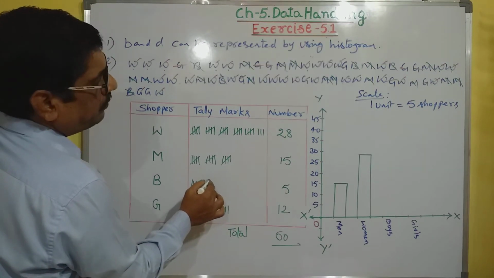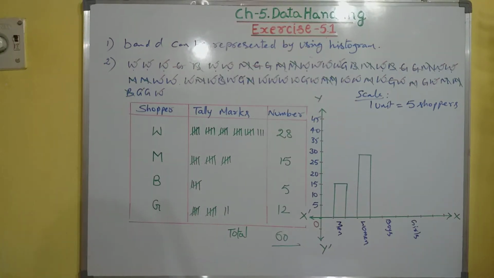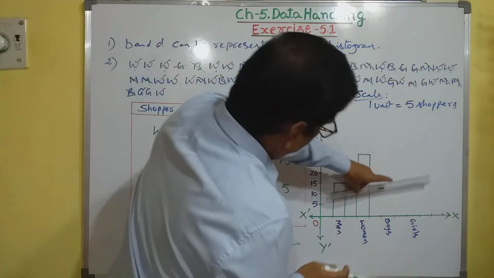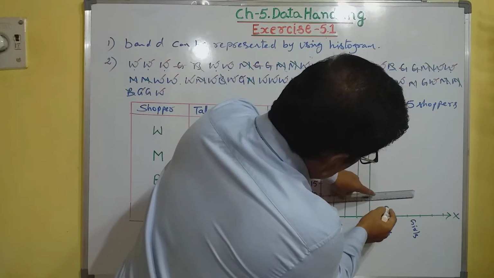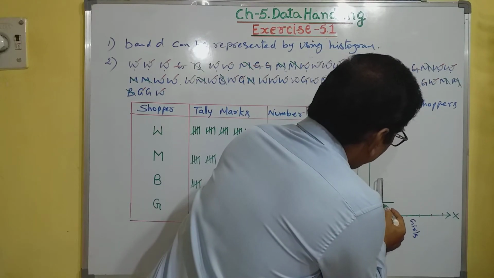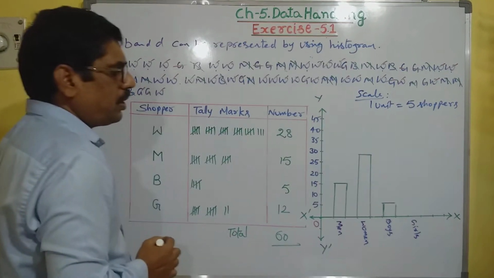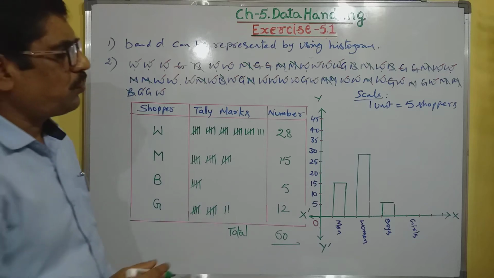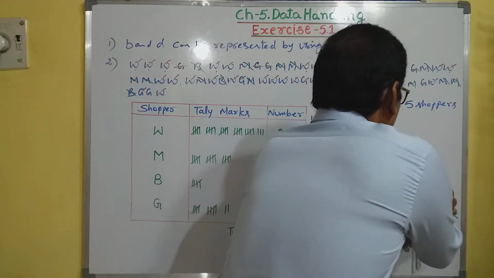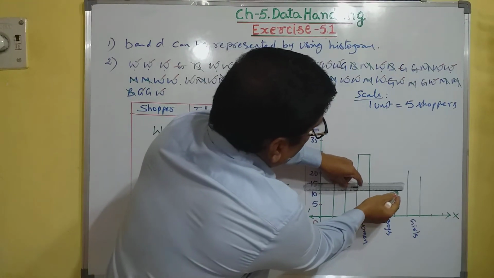Let me check once. Yes, it is correct only. Men is 15, boys is 5. So we have to draw the bar up to the height of 5 units on the y-axis. This represents the number of boys. Now the number of girls is 12, so we have to draw a column up to the height of 12 units. The 12 will be like this.